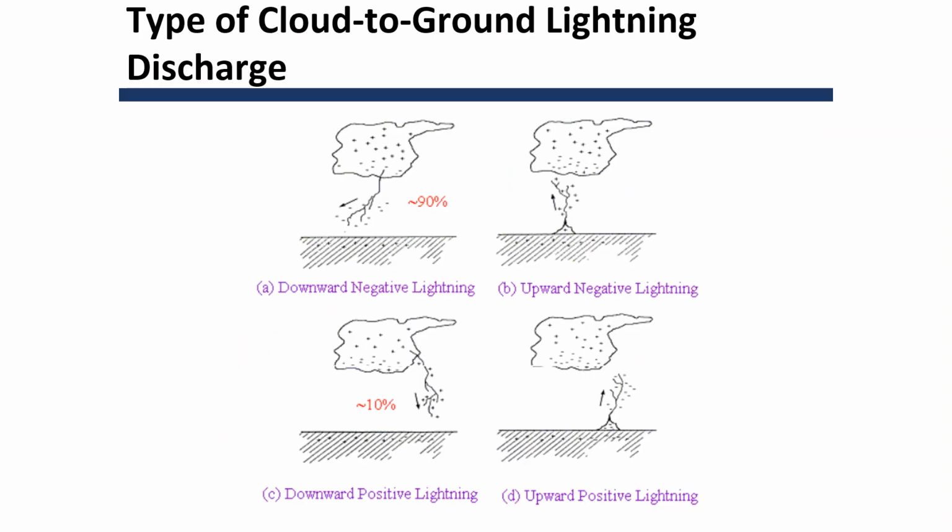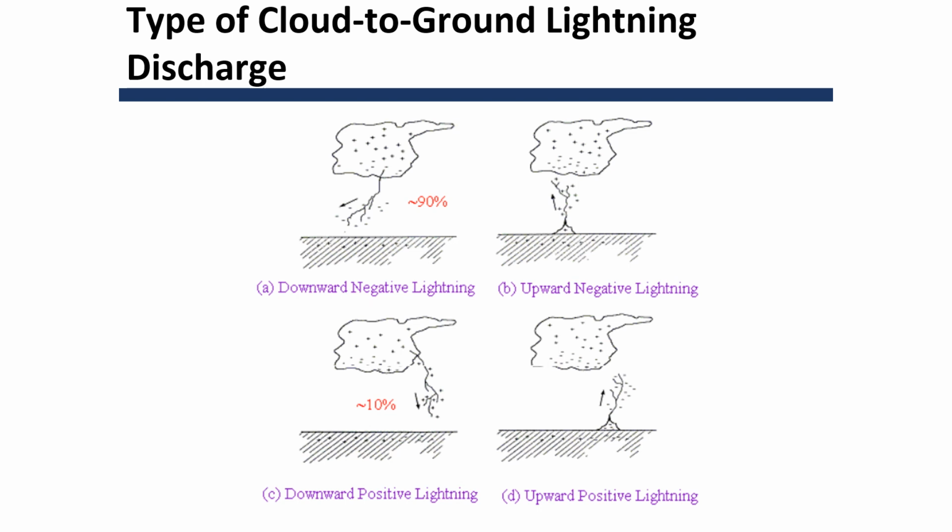This is the type of cloud to ground lightning discharge. We have two categories, positive and negative, and then each is divided into downward and upward. So basically it has 4 types: downward negative lightning, upward negative lightning, downward positive lightning and upward positive lightning.